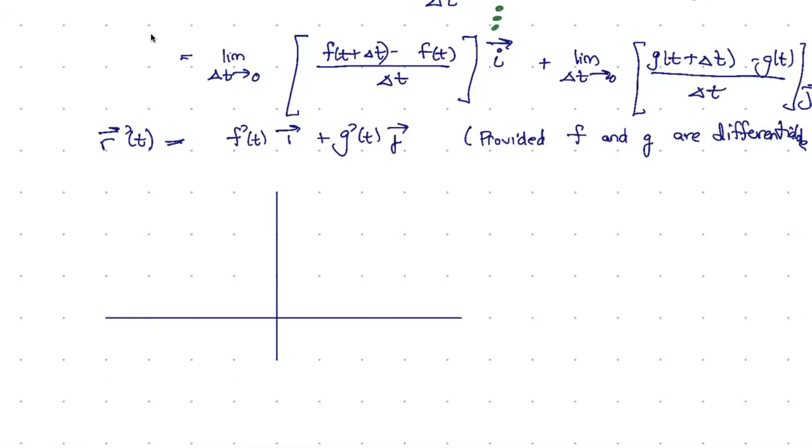So if I have some vector-valued function here, I have r of t, so this is r of t, and then I have r of t plus delta t, which is going to be the vector-valued function shifted over.